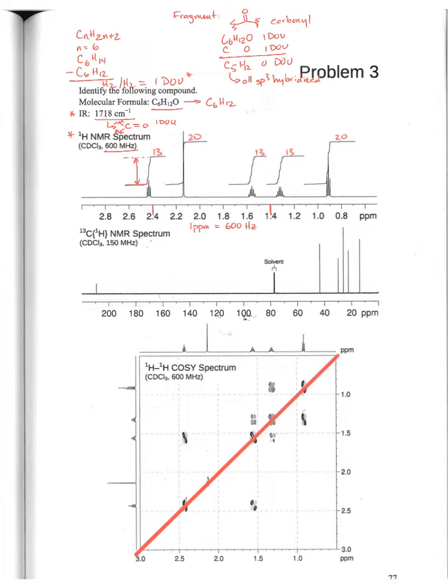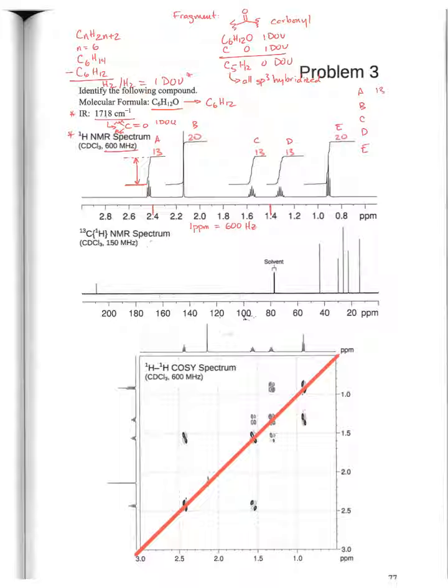So let's go ahead and make a table. I'm going to, for now, just label these from left to right. I'll call this A, B, C, D, and E. So we can make our table here.